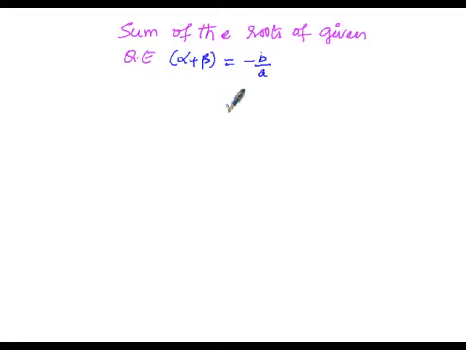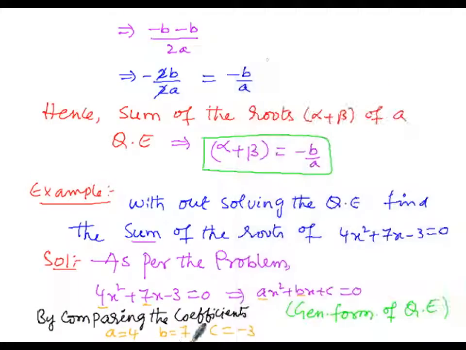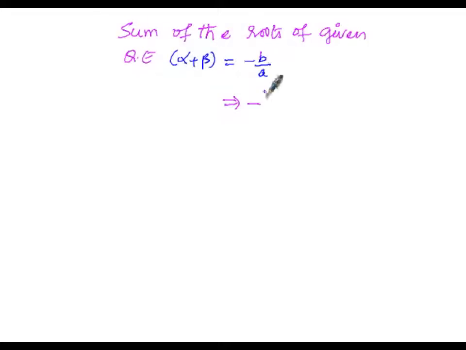That implies minus must be written as it is, and now the b value. As per the problem we got b as 7 and a as 4. So b is 7 divided by a, which is 4. In this manner I got the sum of the roots, alpha plus beta, equals minus 7 divided by 4.